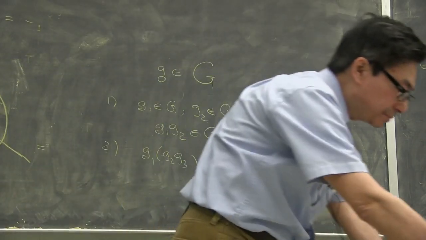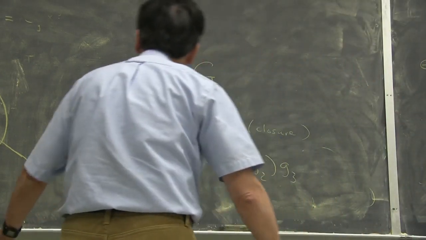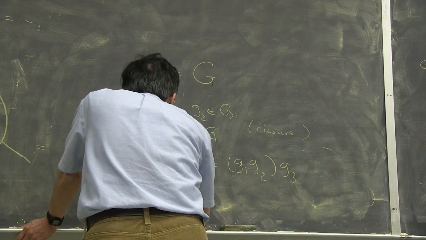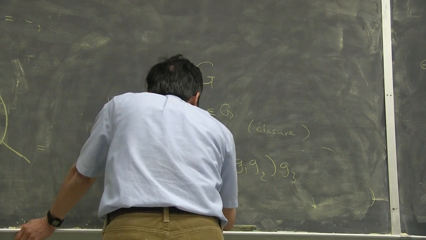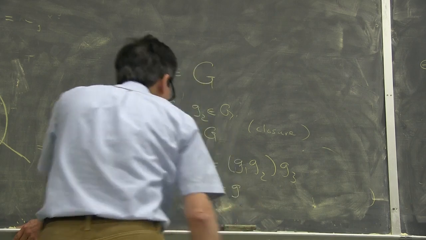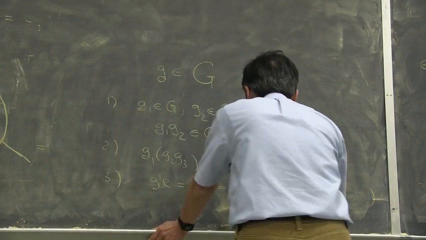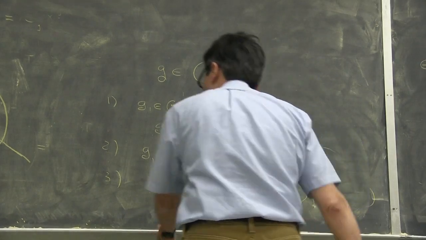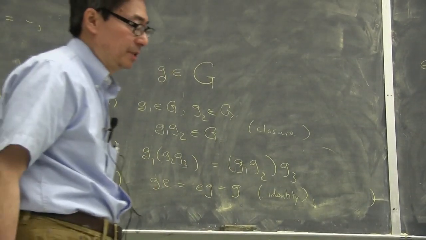Number three, there's this thing called the identity element, which we usually write as E, so that given any group element G, GE is equal to EG is equal to G. This is called the existence of the identity element. Number four, existence of an inverse.